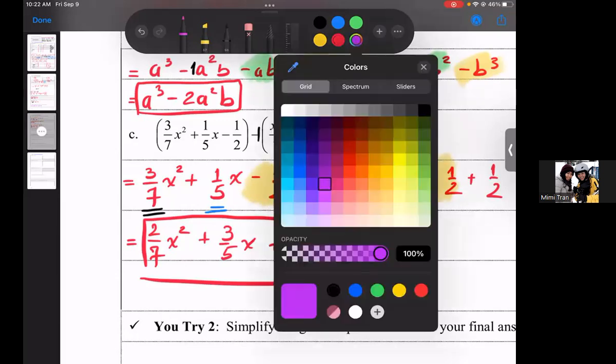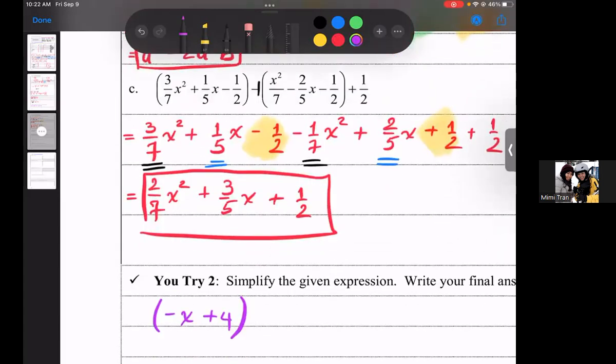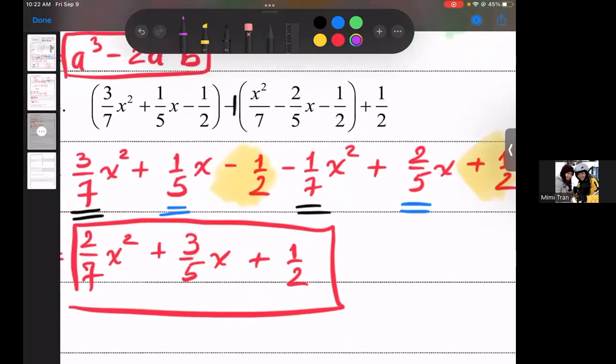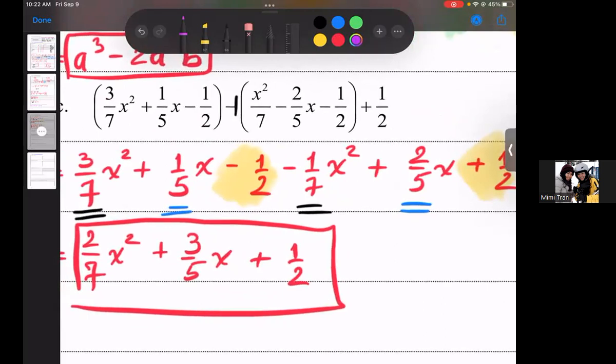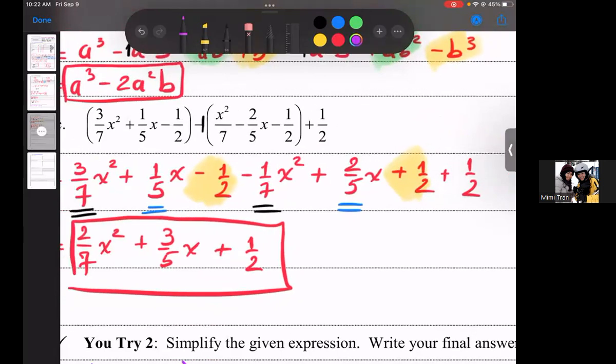I always write my You Try in purple. Parenthesis minus x plus 4, close parenthesis. Who's talking? Which one? What's your name? Let me catch your name first. Elaine, what's the question, Elaine? Okay, so this one is -1/2, and then the other one is -1/2, and the other one is +1/2.